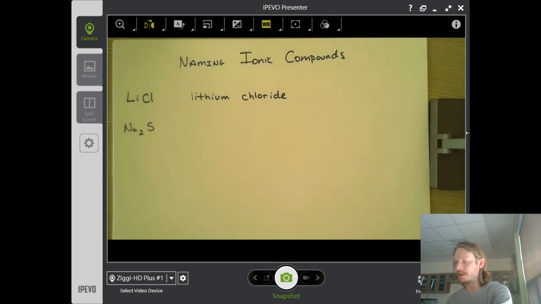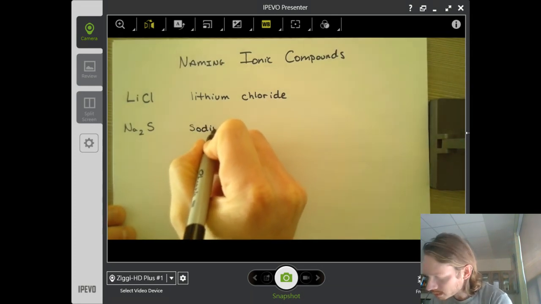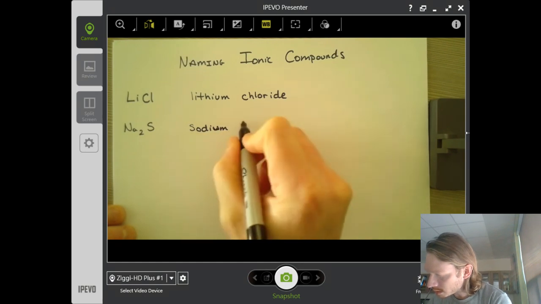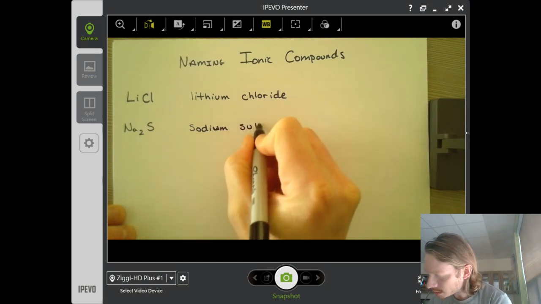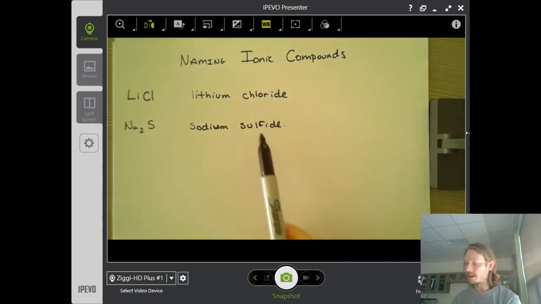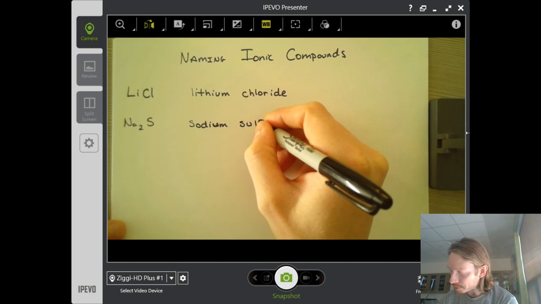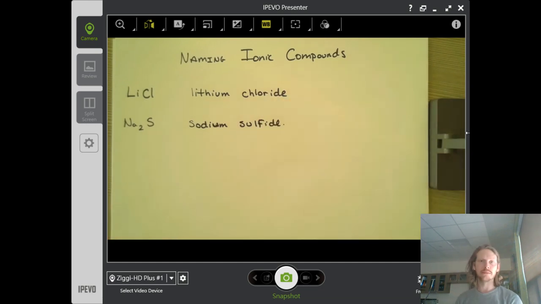We have sodium sulfide. You'll see some places spell sulfur or sulfide with a 'ph'. Both are accepted. So if you see the 'ph', it's not something different. I know there's a lot of this chemistry grammar that floats around, but sometimes you see that 'ph', and that's okay.